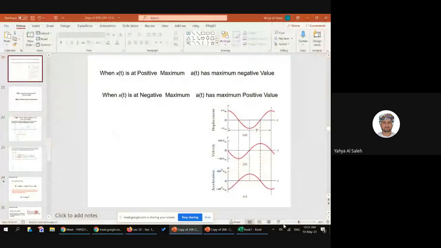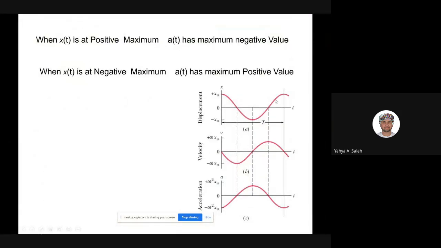Say, for example, we are told x maximum is 2 meters, x minimum is minus 2 meters, and we are told the time period equals 2 seconds. We want to find the equation.